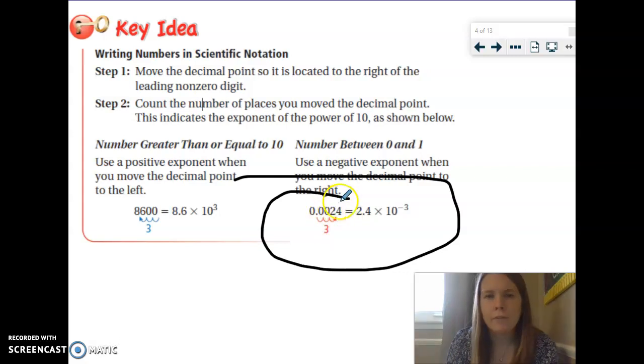But remember, you have to go back and think about what the actual standard form of this is. Because it is a decimal form, the exponent's going to be negative. Since this was a large number, it's going to be a positive exponent. This is where it gets tricky, understanding if it's going to be negative or positive.